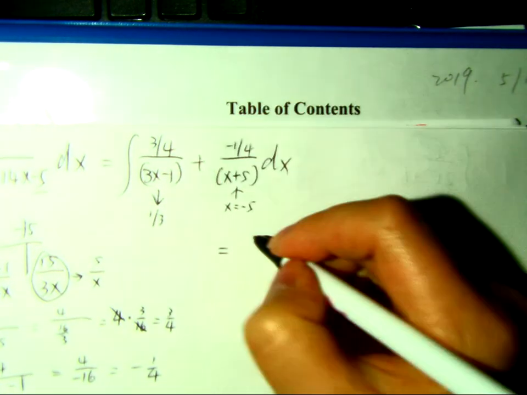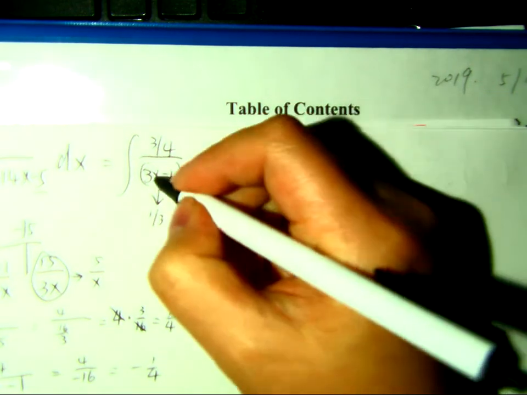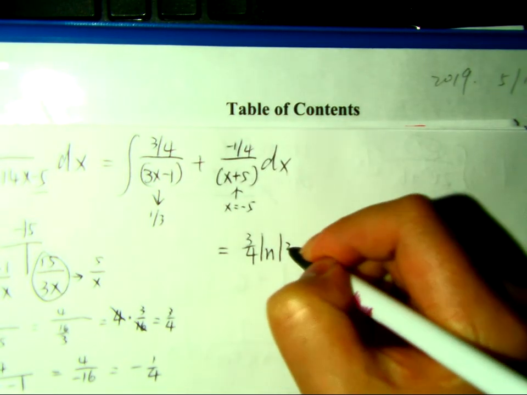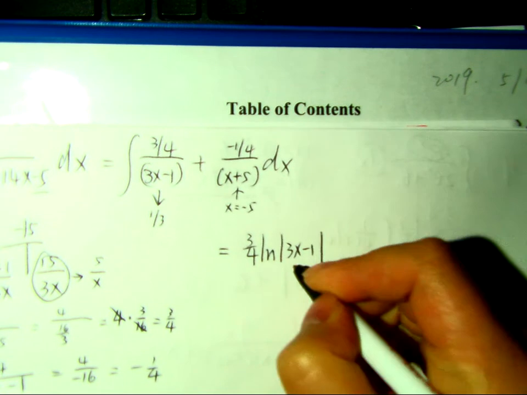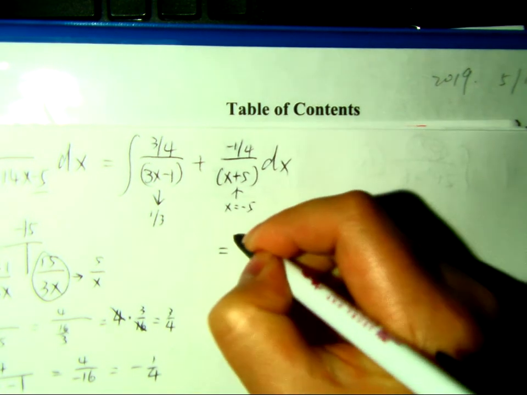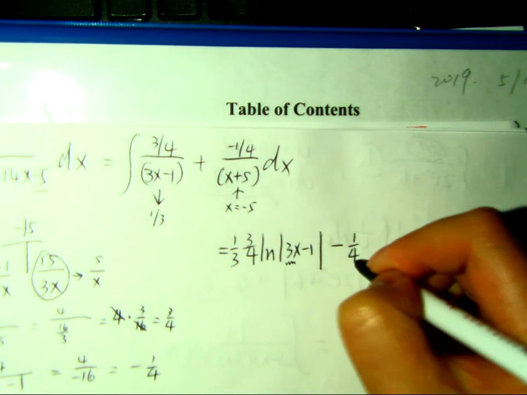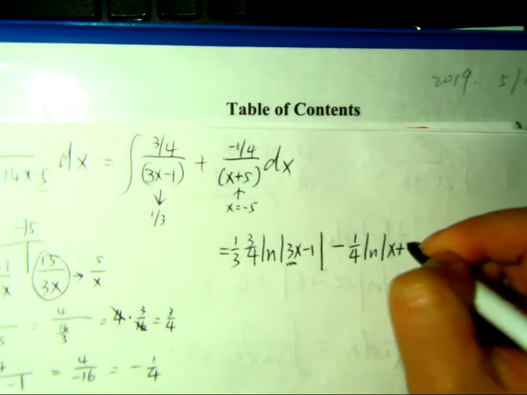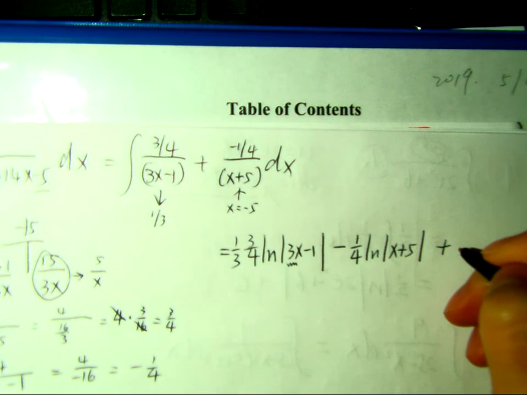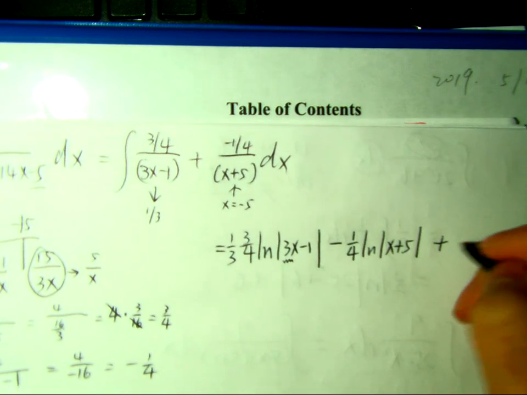So we have a 3 over 4, and the integral of this will be natural log of 3x minus 1. Be careful, we have a baby, so you have to put 1/3 in front. And minus 1 over 4 natural log of x plus 5. There's no baby, so you can just stay as a 1 natural log.